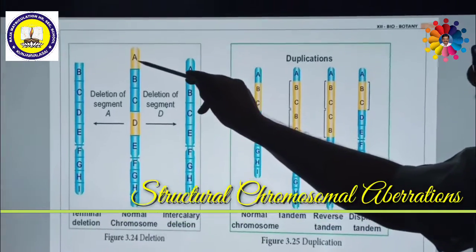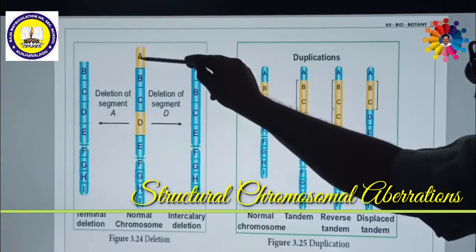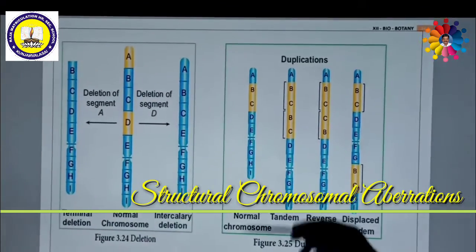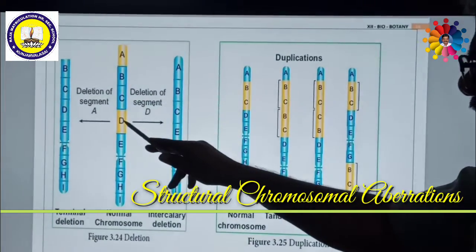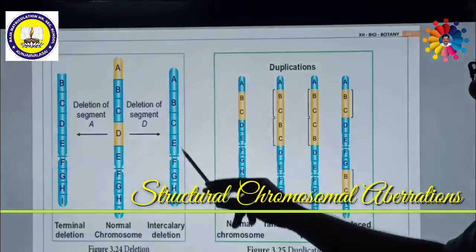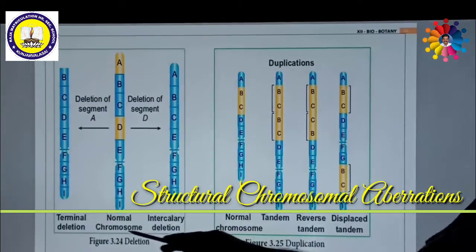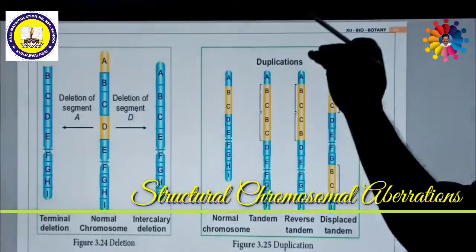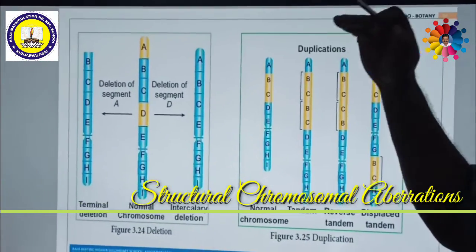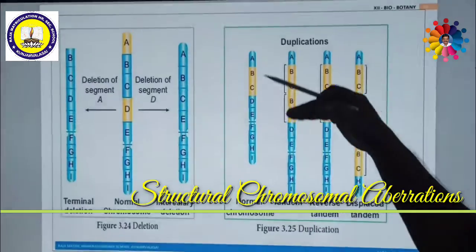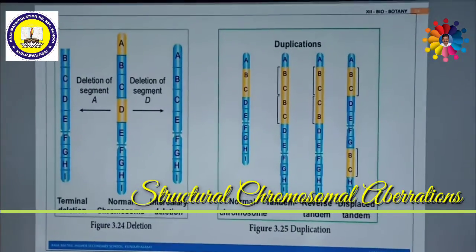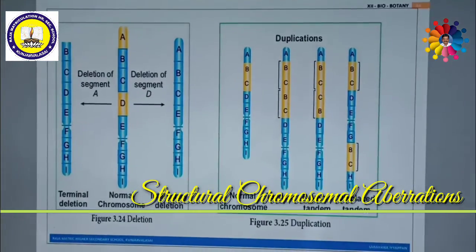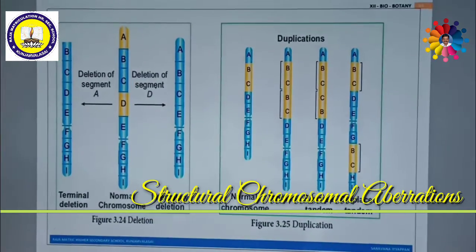If you remove the gene at the terminal part, this is called terminal deletion. If you remove the gene in the middle, this is called intercalary deletion. So deletions are basically divided into 2 types. That means removal of genes or segments of a chromosome from a normal chromosome is called deletion chromosome, deletion mutation, or deletion chromosomal aberration.